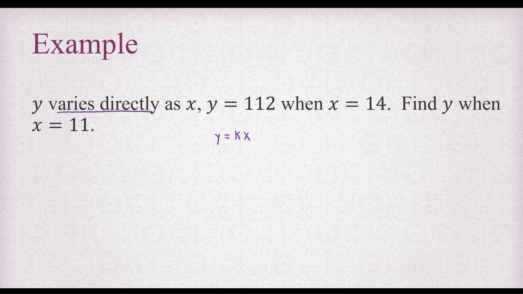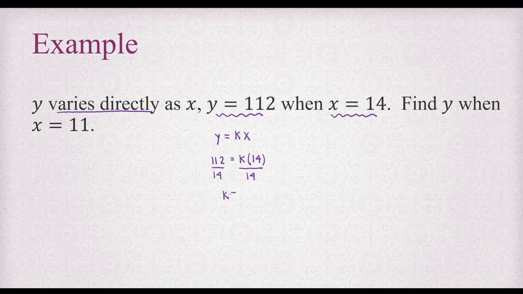Okay, so now they're giving us 2 numbers. They're giving us what y is, and they're giving us what x is. And that's going to allow us to solve for k. So we're going to plug 112 in for y. We'll plug 14 in for x. And now we need to solve for k. Well, that involves us just dividing both sides by 14.